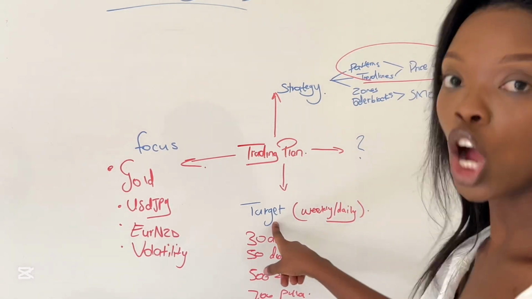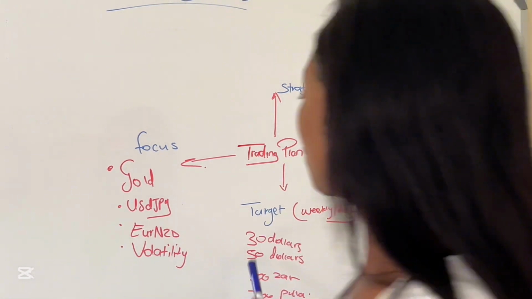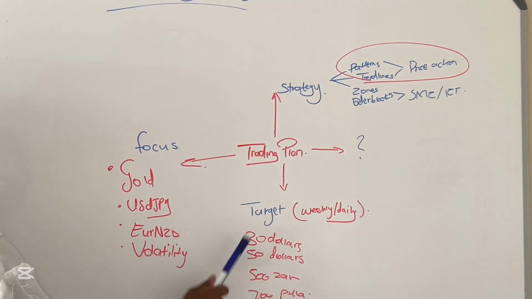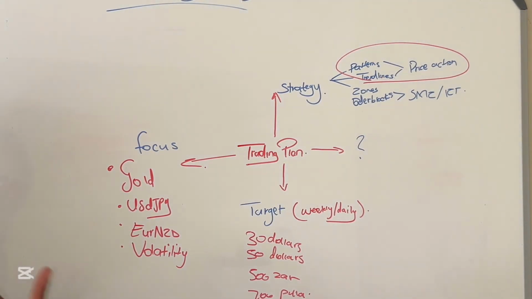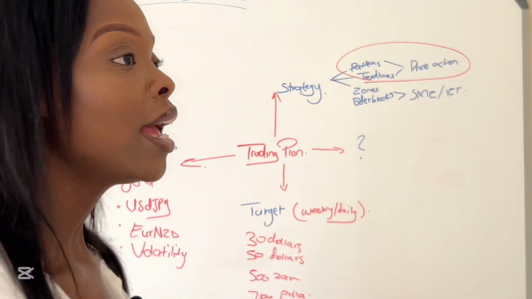You have your target. So you need to know your target. If your target is $30, you need to determine, is it $30 per day? Is it $30 per week?